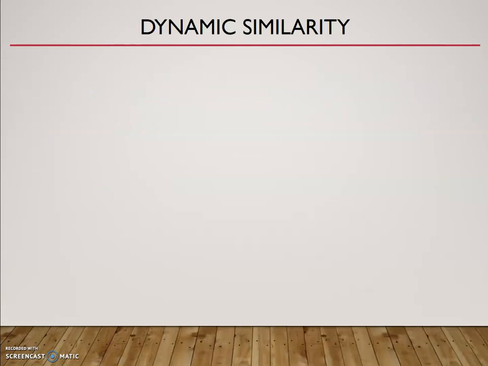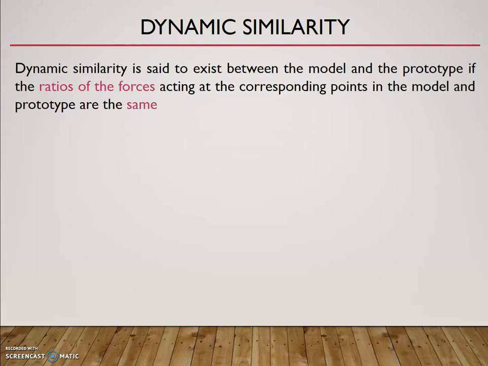Third is dynamic similarity. Dynamic similarity relates to the forces on the model and prototype. If the ratio of the forces acting at the corresponding points of the model and prototype is the same, then dynamic similarity is said to exist between model and prototype. Similar to the length ratio and the velocity ratio, the force ratio can also be defined in a similar manner.